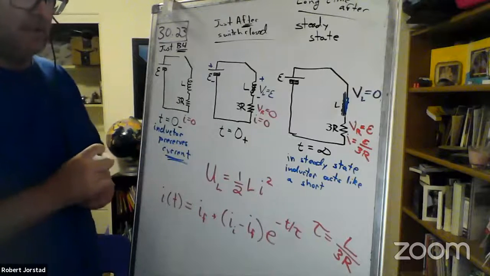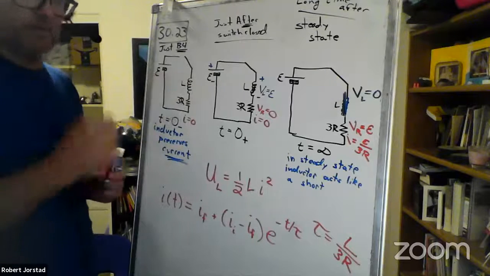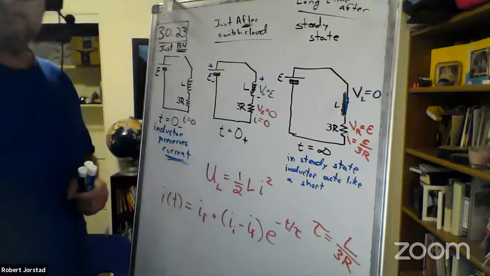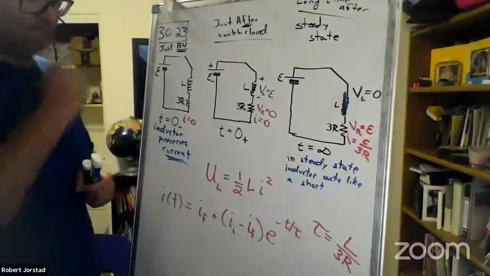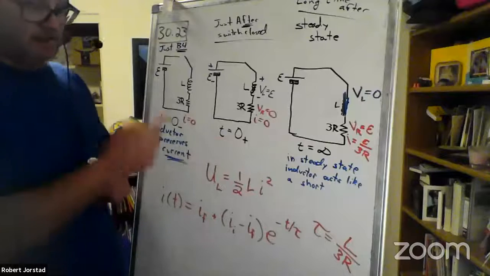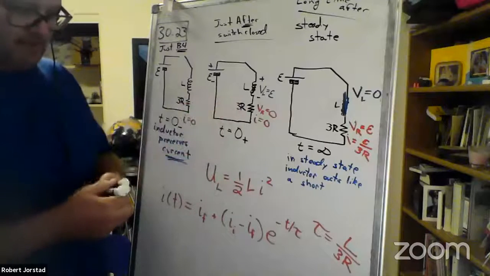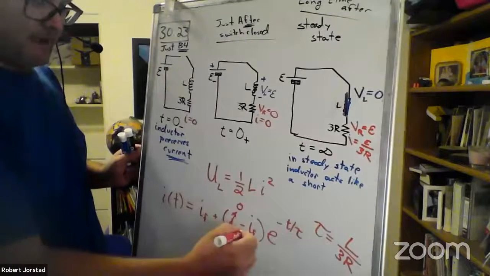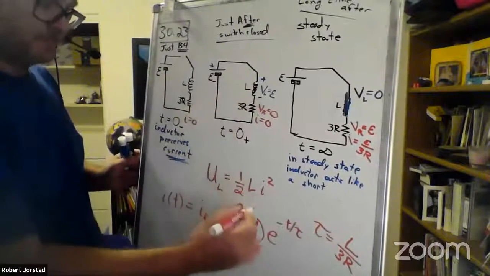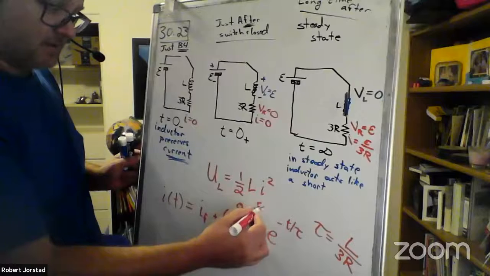All right. And then I initial in this case is what value? Zero. We get it from which picture? The second one? Yep, the 0 plus. Not this I0, this I0. All right, so that's going to be good. I final is going to be E over 3R.